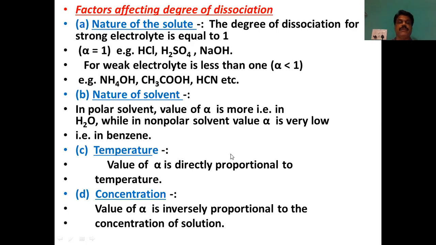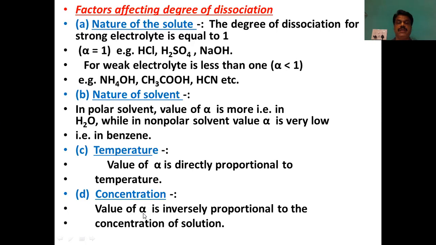Then the temperature. If temperature increases, the degree of dissociation also increases. Therefore, degree of dissociation is directly proportional to temperature. Then concentration. The value of the degree of dissociation is inversely proportional to the concentration of the solution.